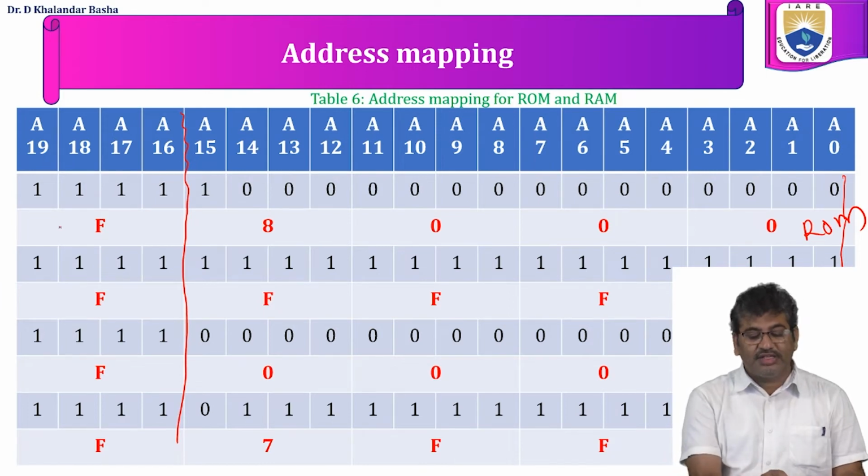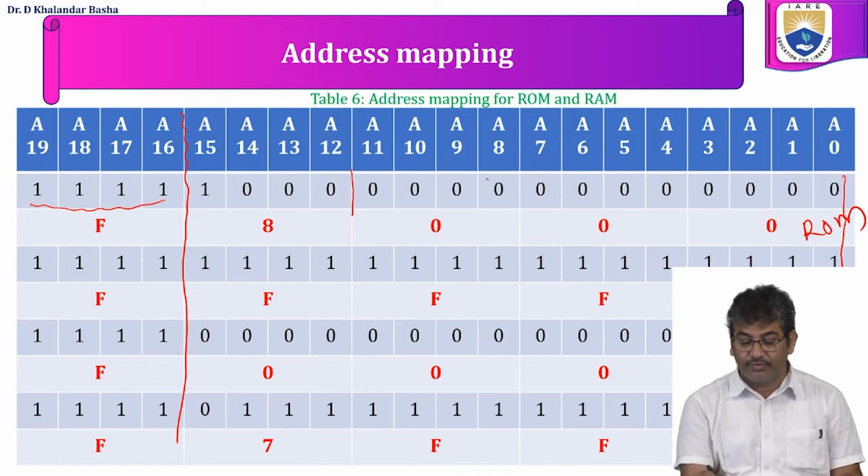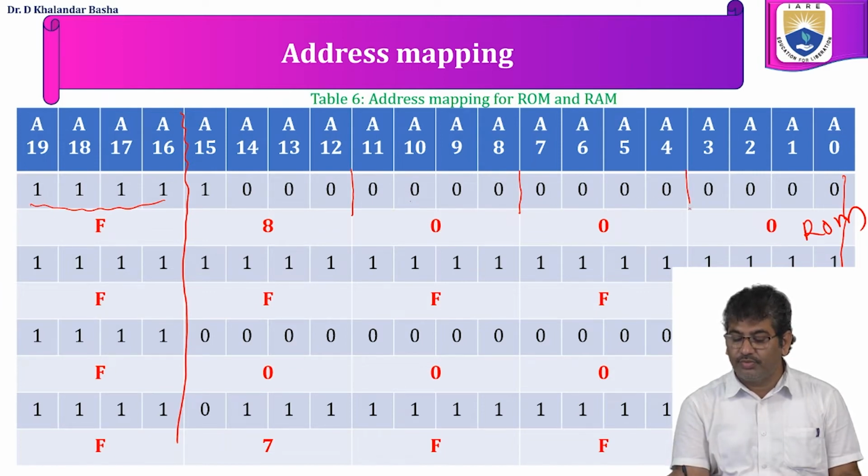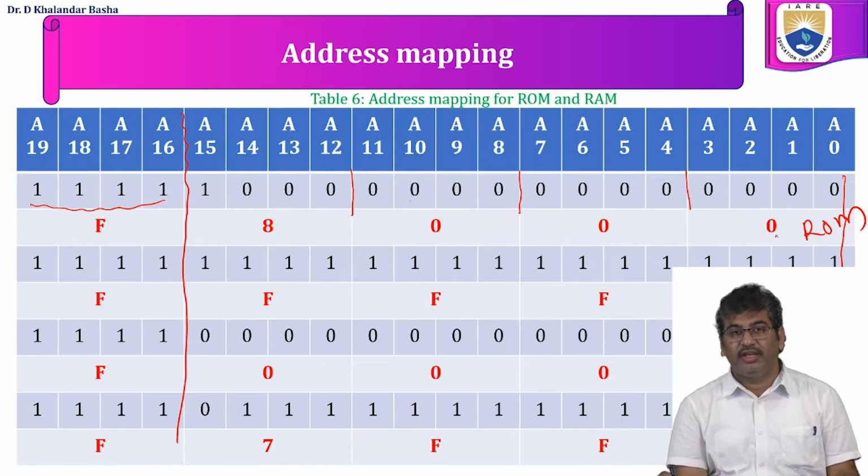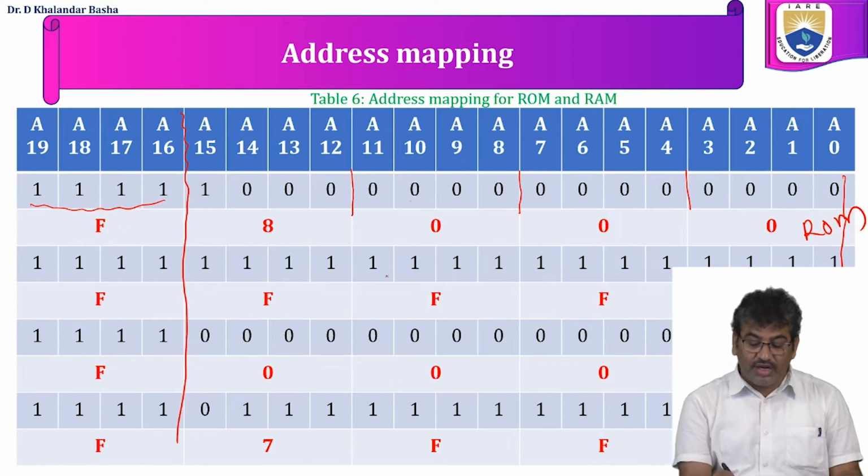Now the address generated by combining 4 bits will be F, then 1000, 0000, 0000, 0000 in binary, which in hexadecimal is 8000.